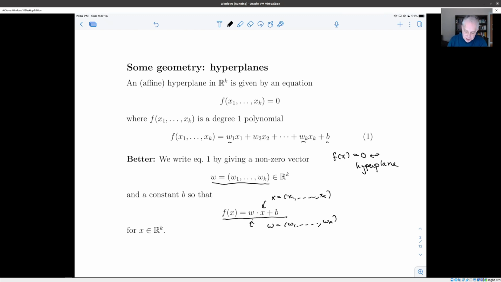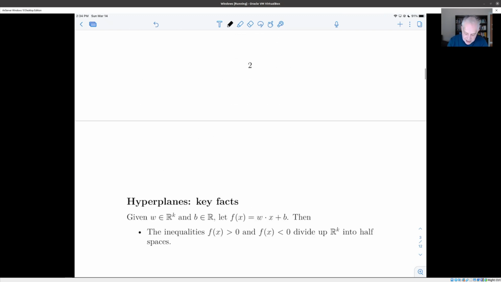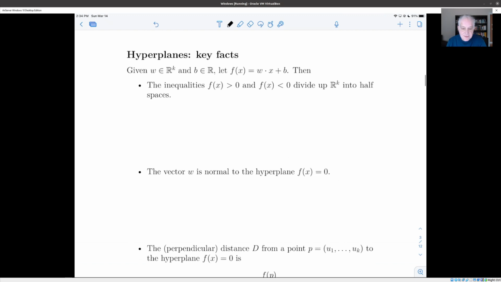Okay, so let's recall a few basics about hyperplanes. The first thing is the reason we're interested in them. Namely, if you have a hyperplane in Rk given by this vector equation f of x equals w dot x plus b equals 0, then it divides space up into three regions. There's a region where the function is positive.